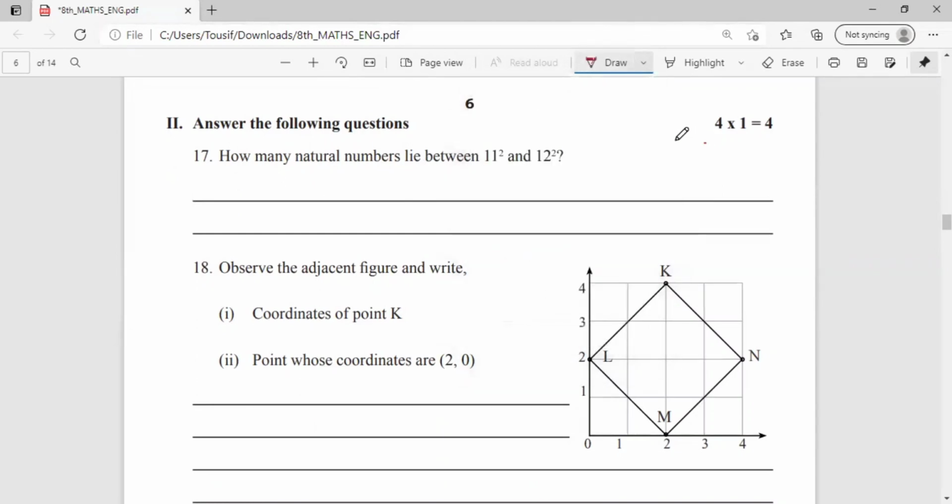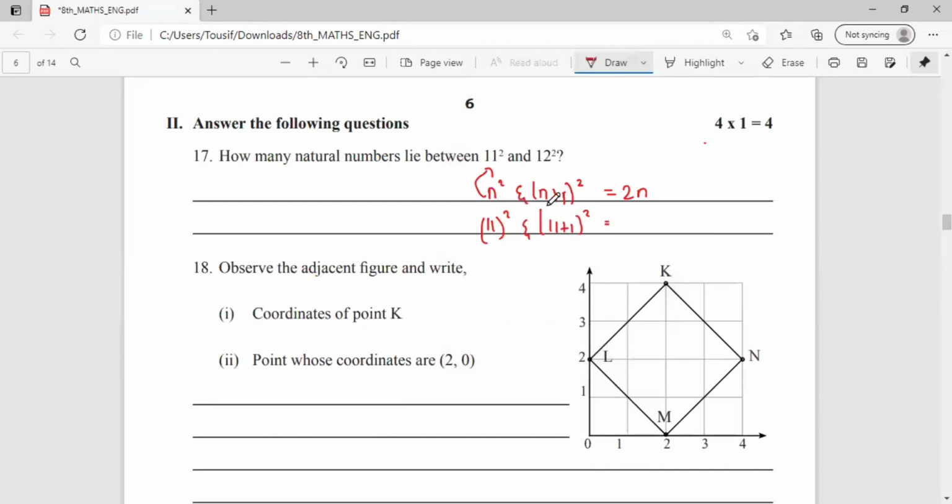Okay, there is one small formula. The numbers lying between n square and (n plus 1) whole square will be equal to what? 2n. As you can see, our n value is 11, that is 11 square, and again in place of n, we have 11 plus 1 whole square.